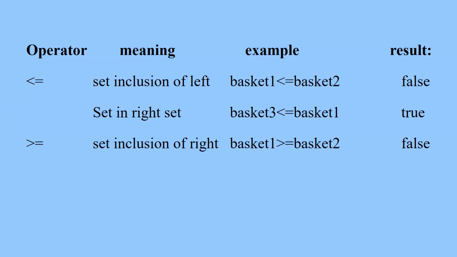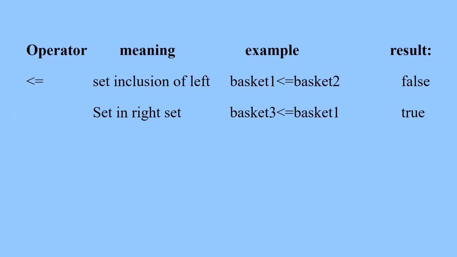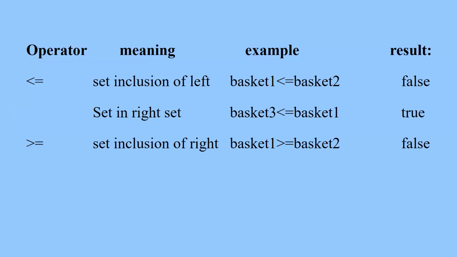But when we move to set inclusion of right, it's almost similar to this other one. But this one means that the content of basket 2 is more than or equal to the content of basket 1.